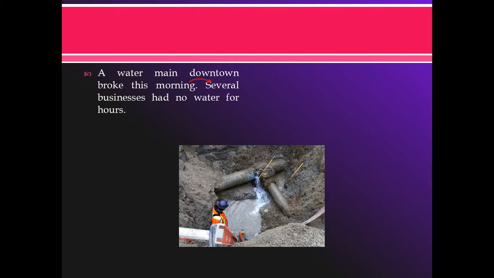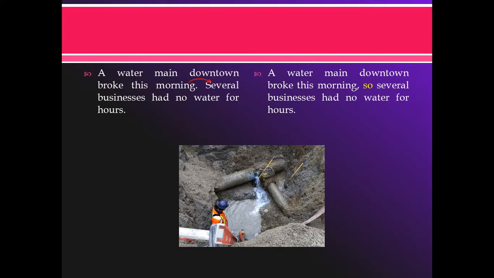A water main downtown broke this morning. Period. Several businesses had no water for hours. Now, maybe they did not have water for hours because the streets were closed or something like that. But these two sentences might be better written if they were like this.